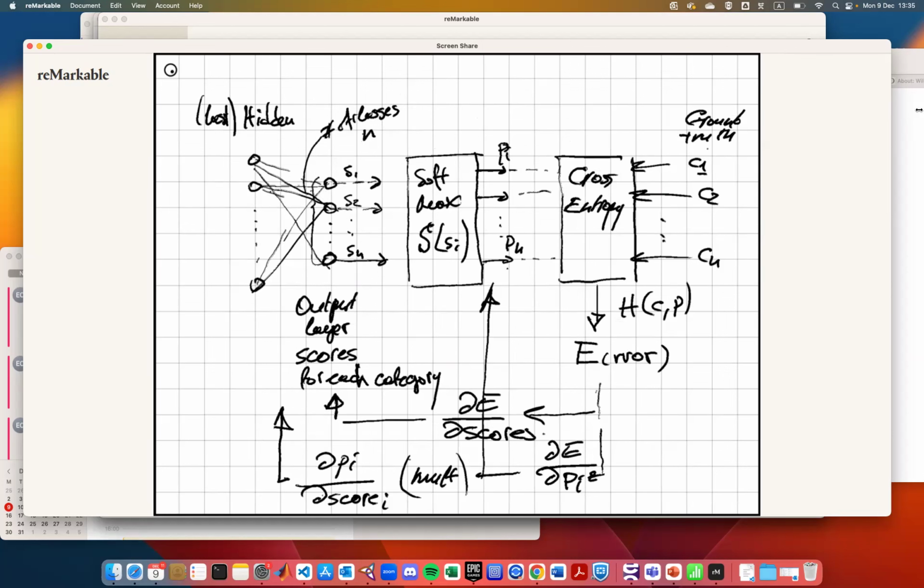So all this complicated math boils down to a simple difference between CI and PI, which I think is quite cool.